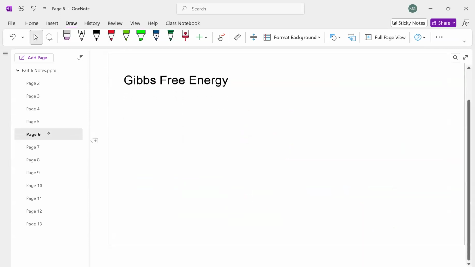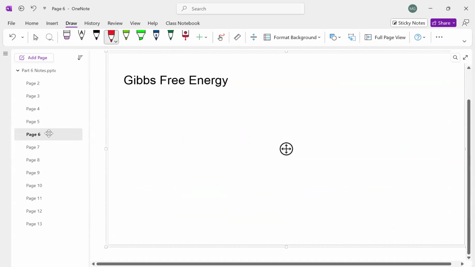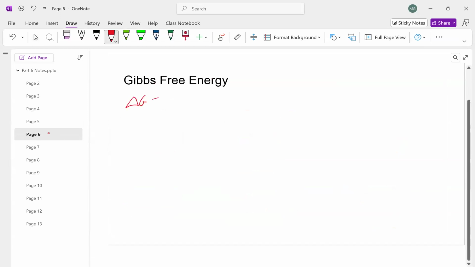Now, finally, let's put all this together, because we talked about entropy, we talked about enthalpy. We put all of those together to look at whether a reaction is spontaneous or not. Again, for a reaction to be spontaneous, delta G has to be negative. The ideal conditions for that is for delta H to be negative and delta S to be positive.